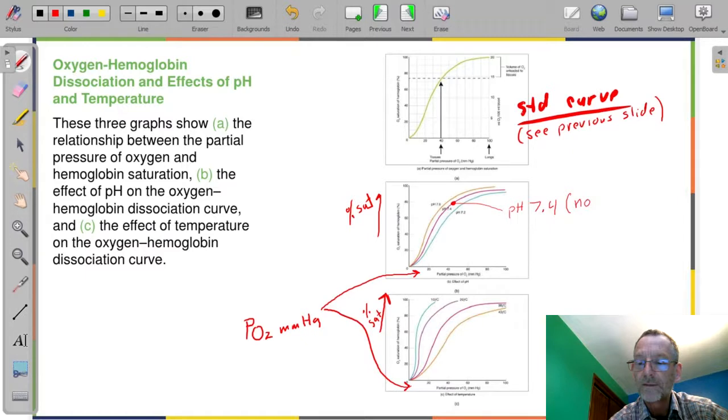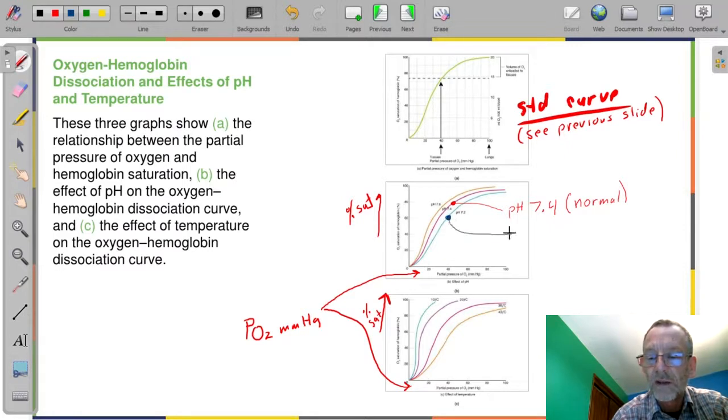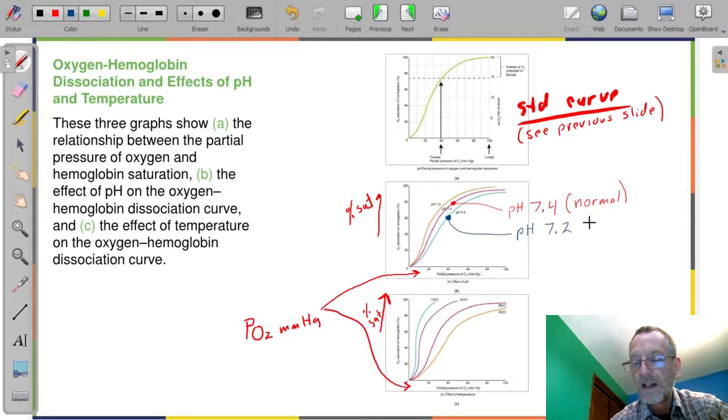So this is normal. All right, and then you should be able to see that the blue line is below that. So the blue line is representing pH at 7.2. The blood is acidotic. So we have acidosis.